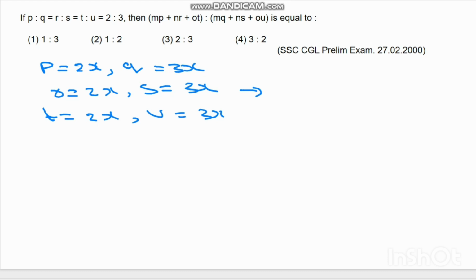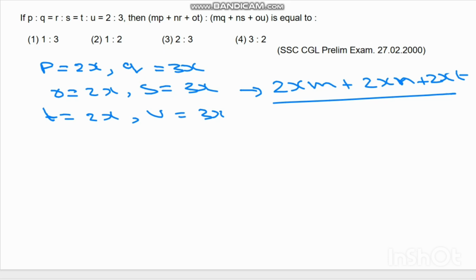So they ask 2xm plus 2xr plus 2xt by 3xm plus 3xn plus 3xu.